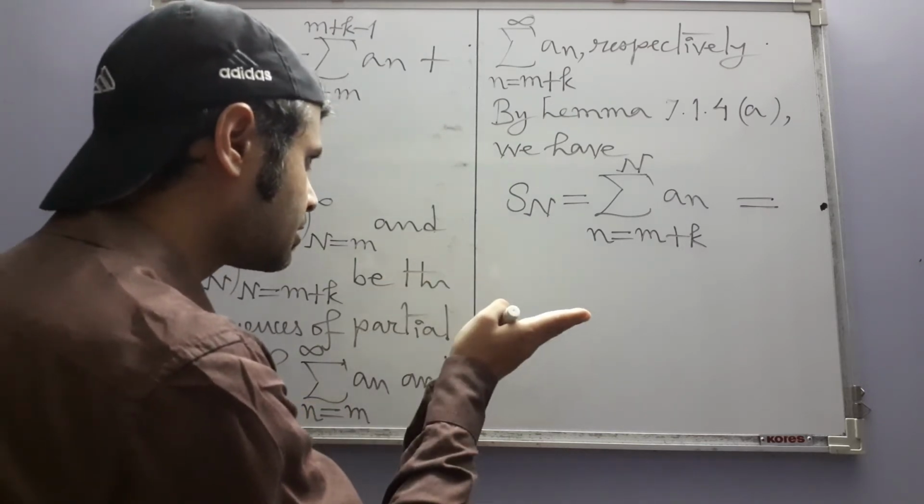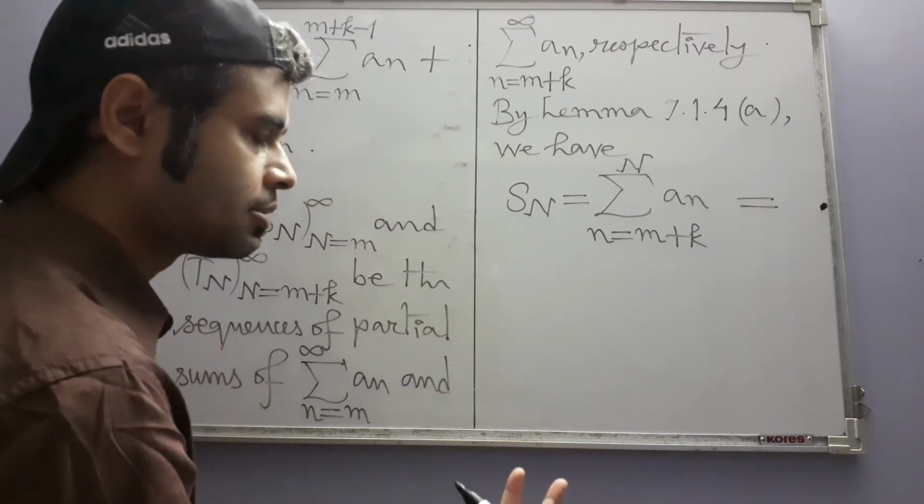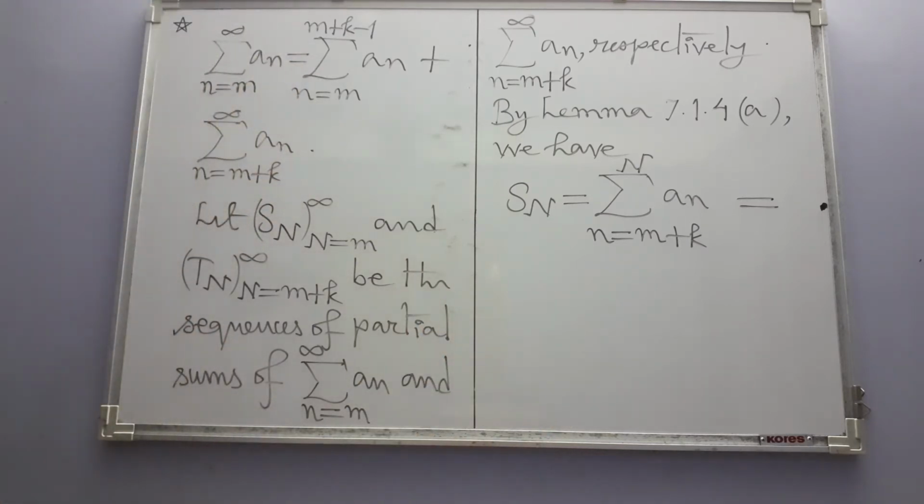So in each partial sum, which is a finite series, the index will start from m, not m plus k.